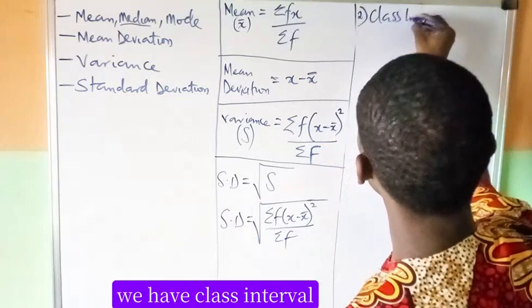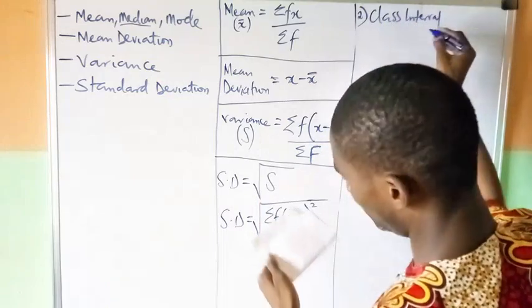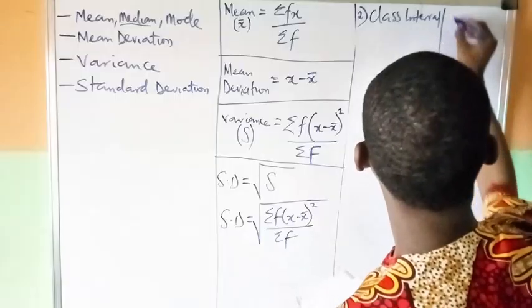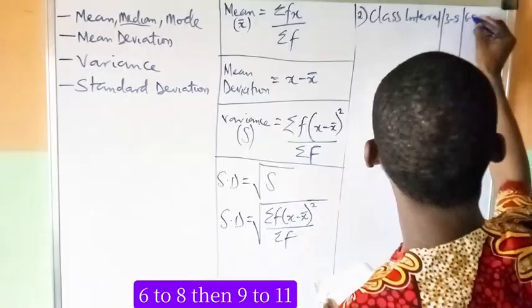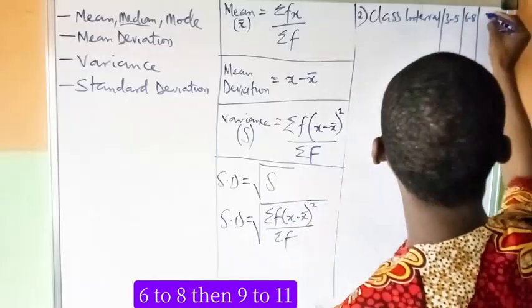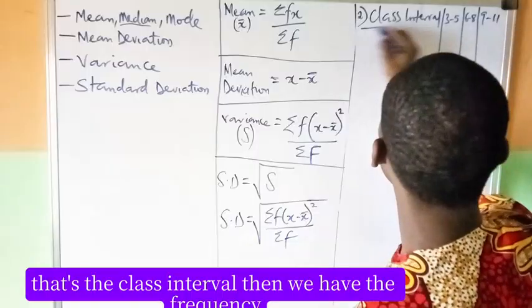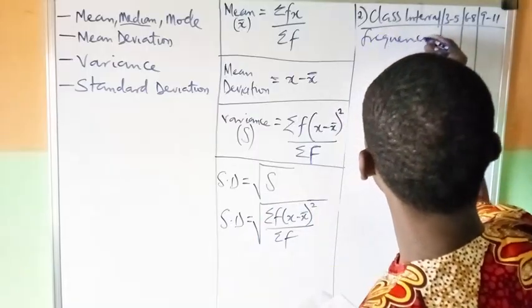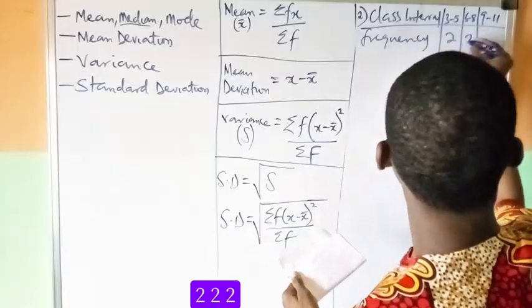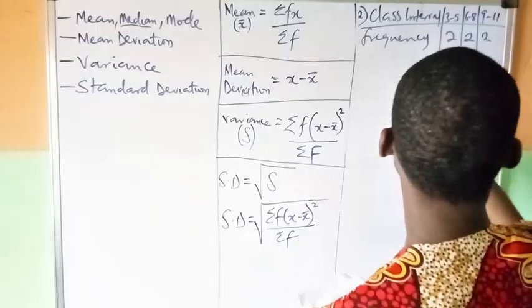We have class interval 3 to 5, 6 to 8, then 9 to 11. That's the class interval. Then we have the frequency 2, 2, 2.